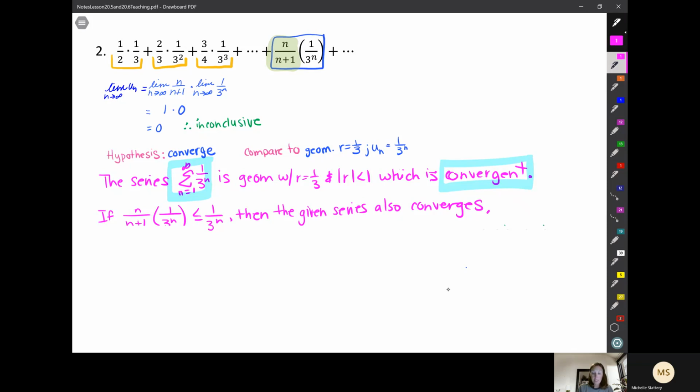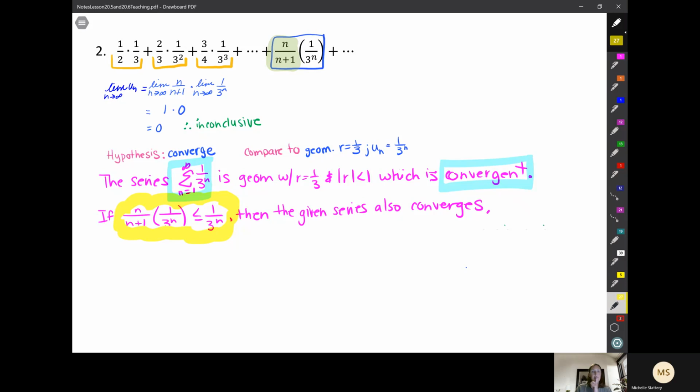This in yellow is what I'm trying to prove. Again, it's less mathy than what you're used to and more wordy, more like English, so we're going to write it out in sentences.